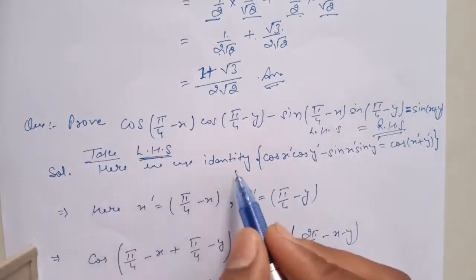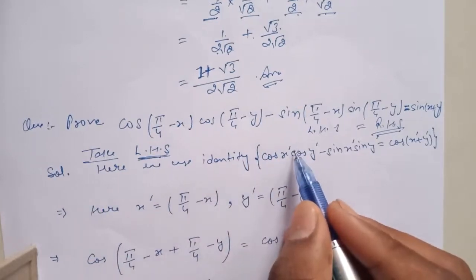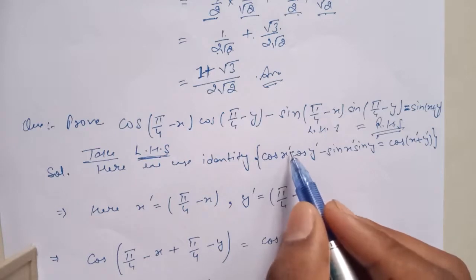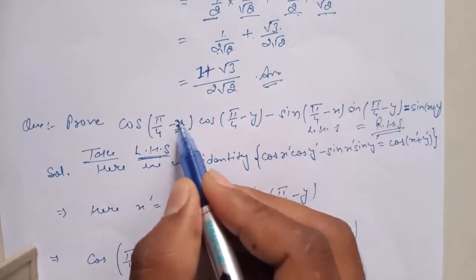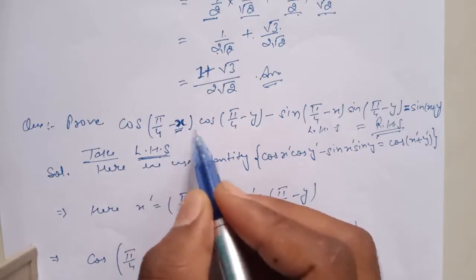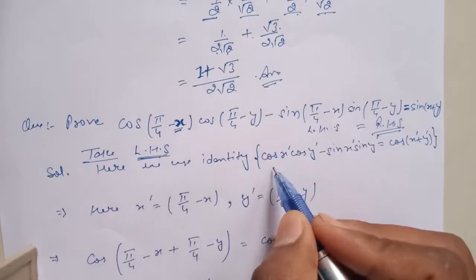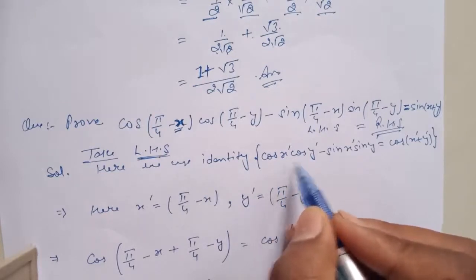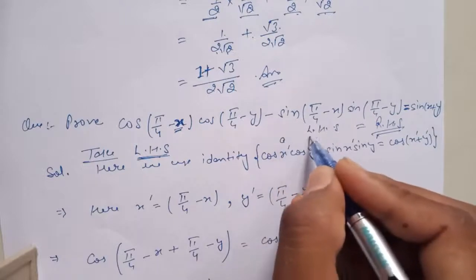Here we use the identity with cos x dash. We use x dash because we have used x earlier, that's why in the identity we use x dash.